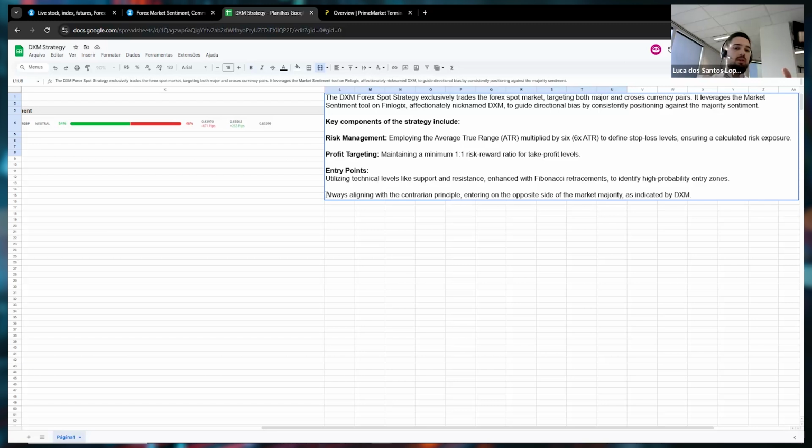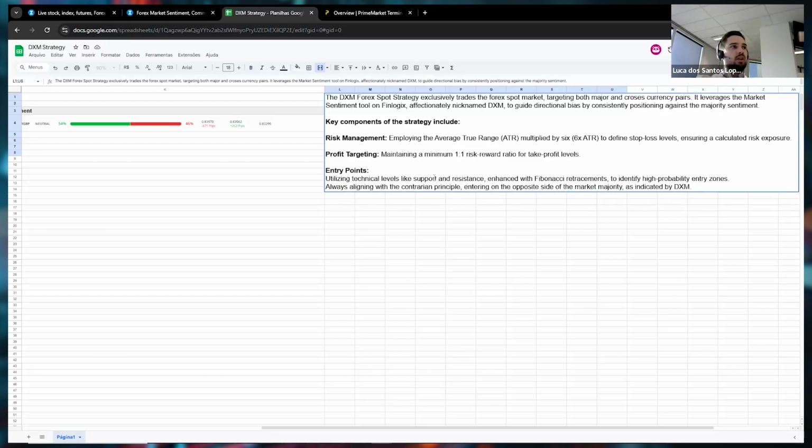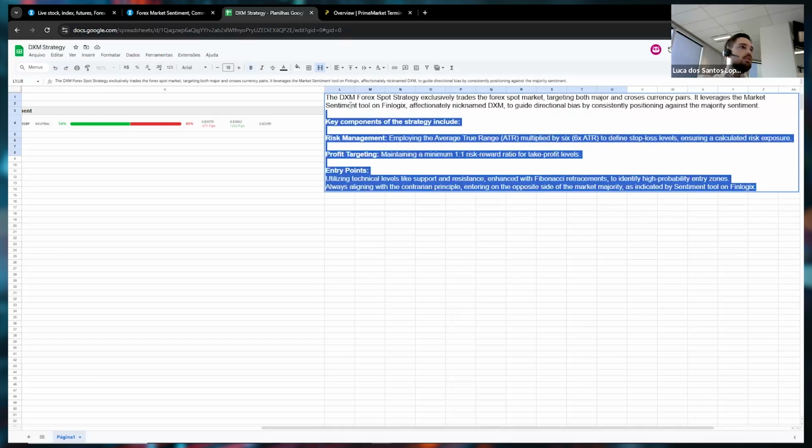We're going to be using technical levels like support and resistance, as well as Fibonacci retracements, to identify high probability entry zones, so lower drawdown. But always aligning with the contrarian principle, entering on the opposite side of the market majority as indicated by the sentiment tool on FinLogix. So that's the strategy description.